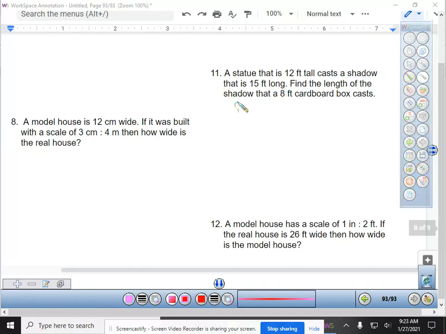Find the length of the shadow that an 8-foot cardboard box casts. So we're gonna have tall over shadow. We got 12 feet tall, casts a shadow of 15 feet long. Where does the 8 go? On the top. Awesome. Is everybody with me? Yes, ma'am.